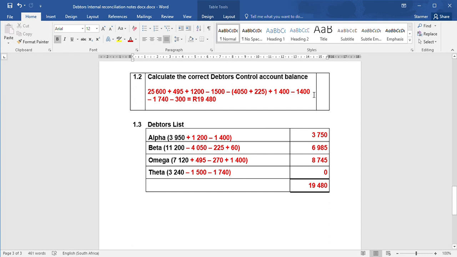Now, people say, but it just cancels out. Yes, I know that, but they could well award marks here. Because if you don't show this, I don't know whether you left it out because you didn't know what to do, or whether you left it out because you knew it was going to cancel out. So to be safe, show it coming, adding to the one debtor and subtracting from the other, just in case they allocate marks for that.